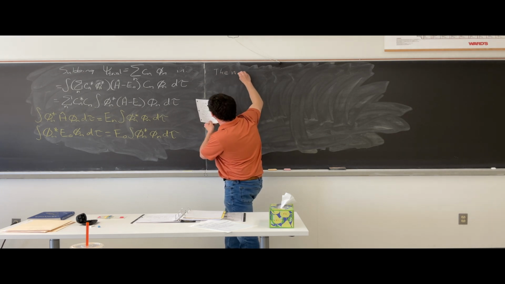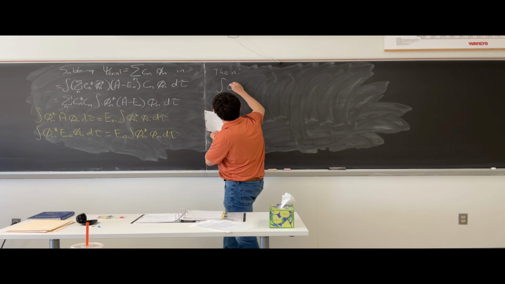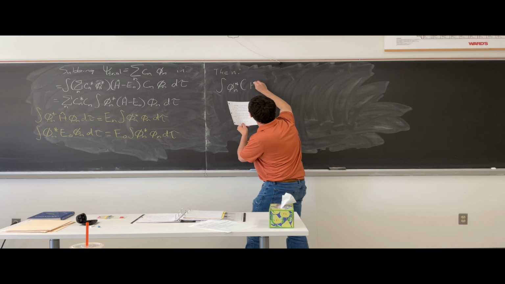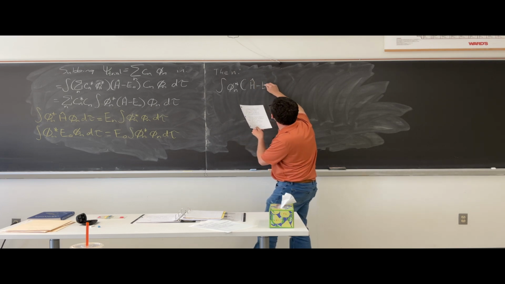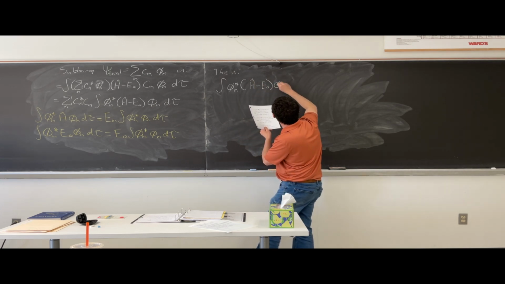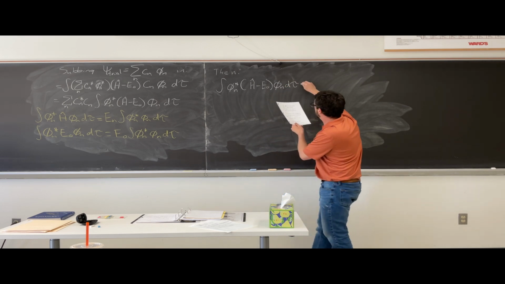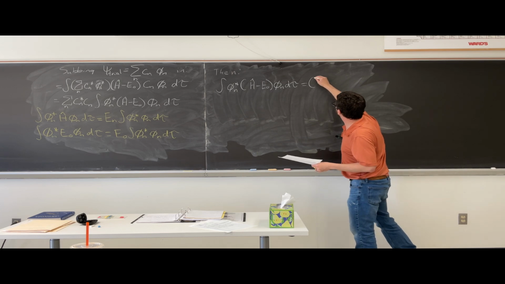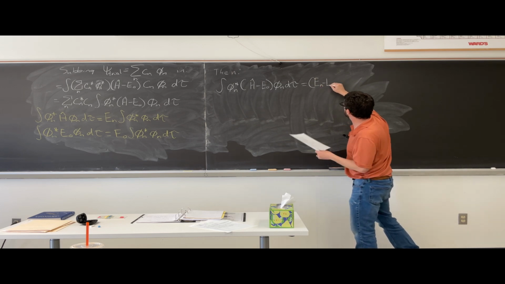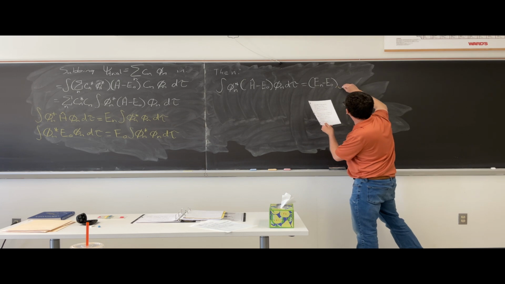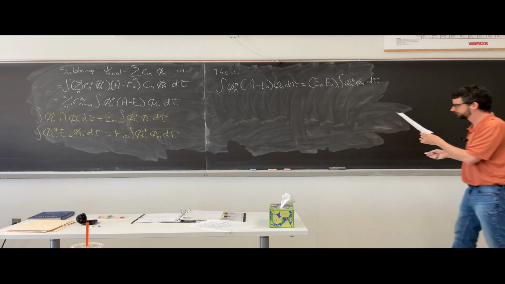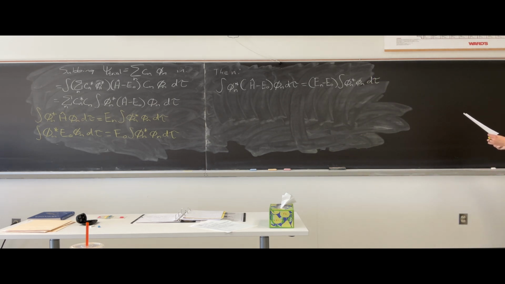Oops. Then what we get is minus E naught dt. We can say that it's true to E sub n minus E naught integral of that guy. There we go.